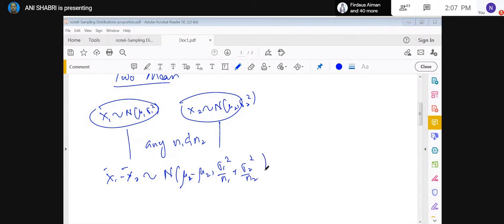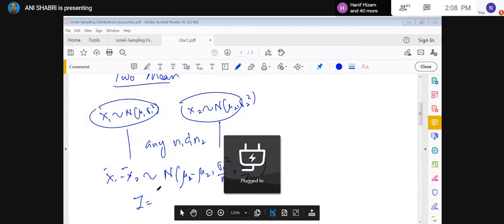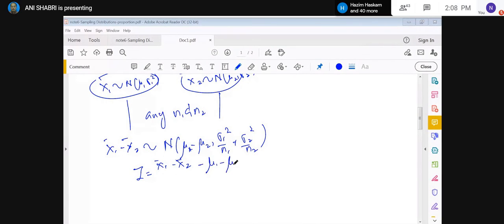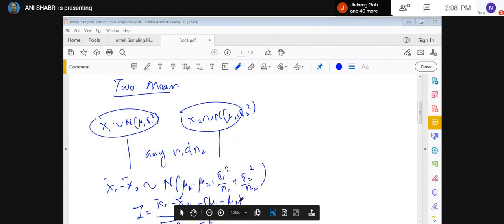The formula for Z is equal to S1 bar minus S2 bar minus mu 1 minus mu 2 divided by the variance of 1 plus 2. Same condition for this one. This is number 3.